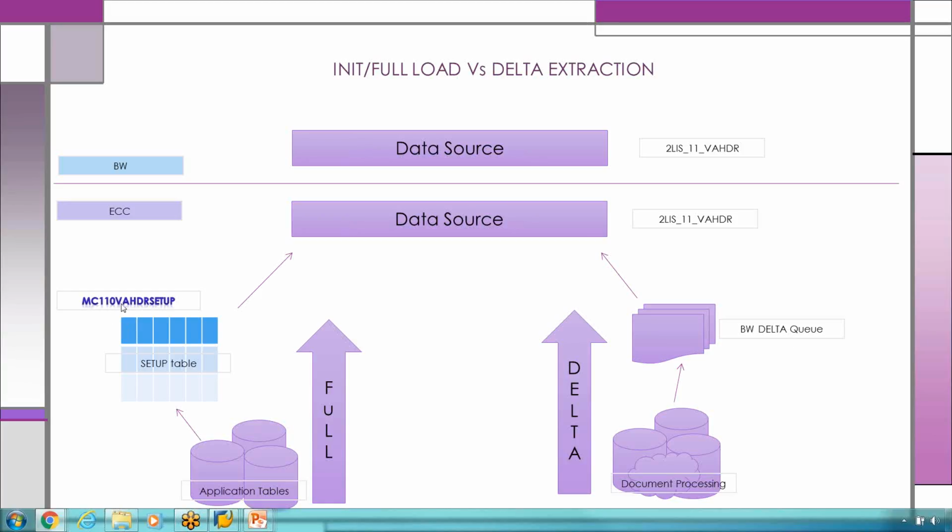VA is basically sales header, and then the setup. Communication structure number 11 is the representation of sales or billing or whatever. Then VA HDR setup. So first time, full load: application table, from there the setup table, then data goes into the data source, which is L2 LIS 11 VA HDR, and then we replicate into business warehouse.